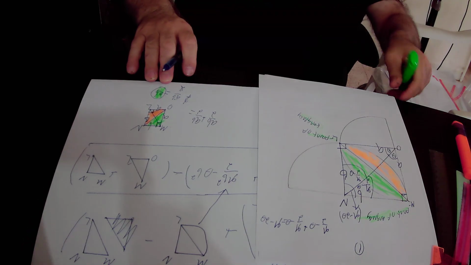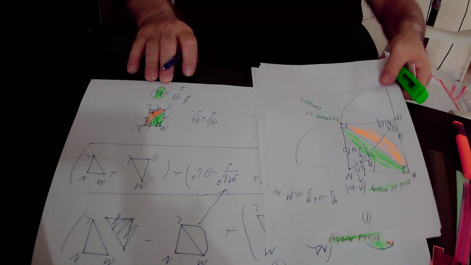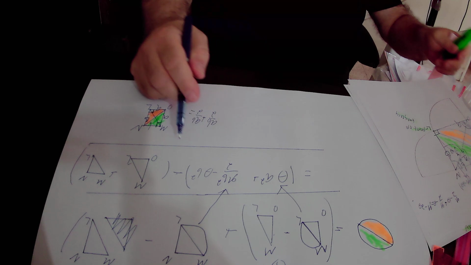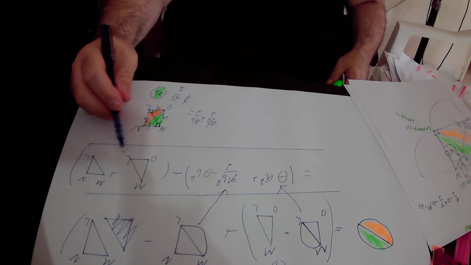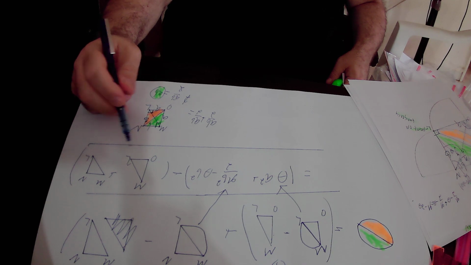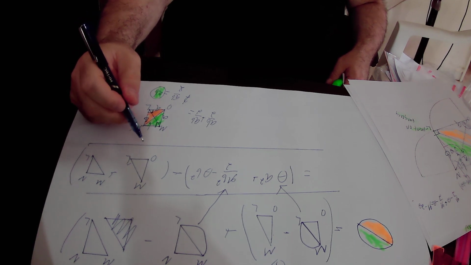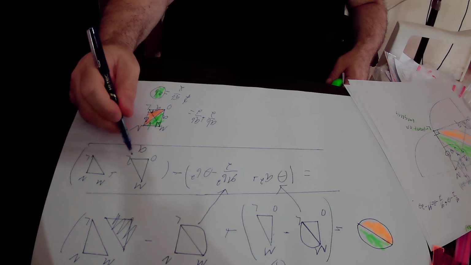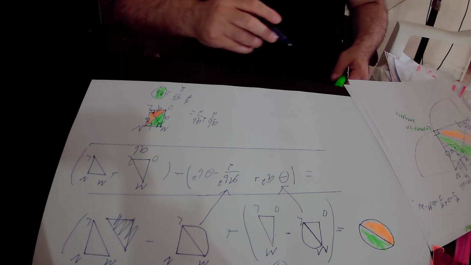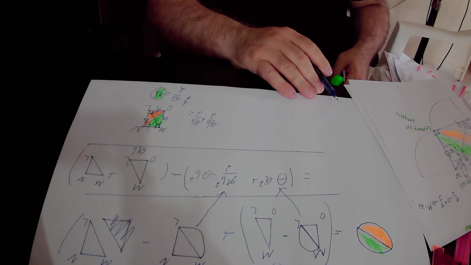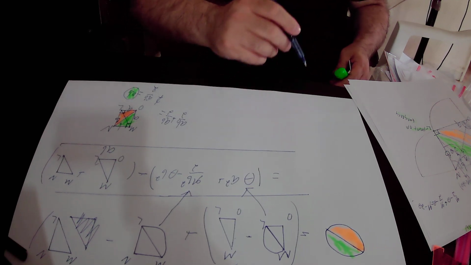So we have to subtract from the sum of the areas of the two sectors the sum of the areas of those two triangles, and the sum of the areas of those two right triangles is A times B. So we subtract AB from this expression, and this gives us the area of this lens.